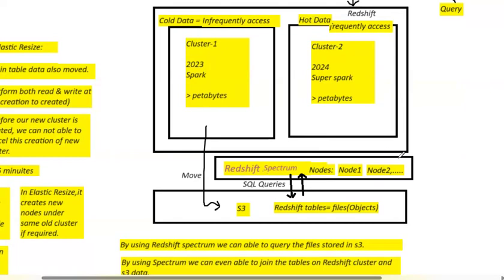Whenever a query is received by the Redshift cluster, it uses very little processing capacity compared to Redshift Spectrum. Why? Because under Spectrum, we are processing all the compute intensive activity, right? Yes.